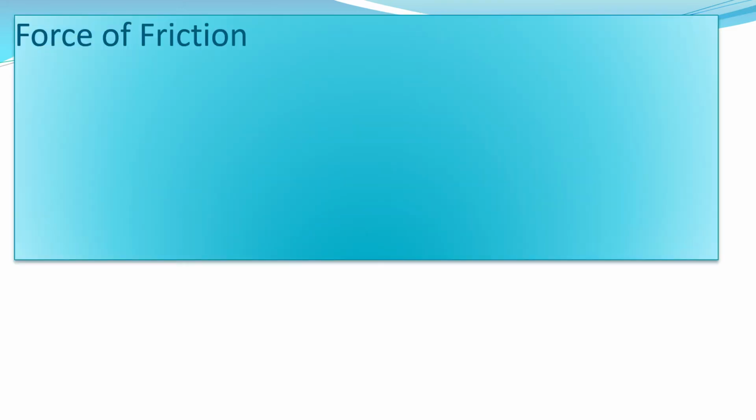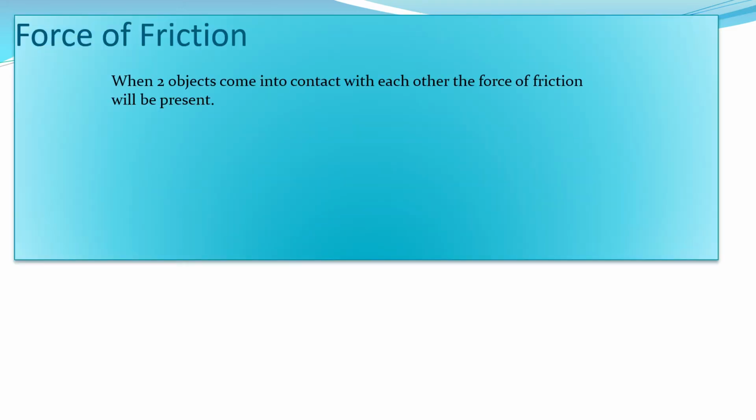Before we look at that, we're just going to look at friction. And quite often, friction is one of your forces that's keeping you going at a constant speed or keeping you at rest. So, when two objects come into contact with each other, the force of friction is always present. There are things you can do to reduce it, obviously, but it's pretty much always going to be there.